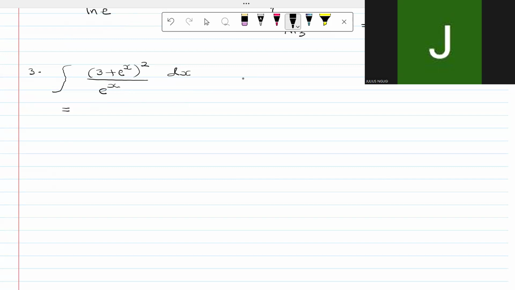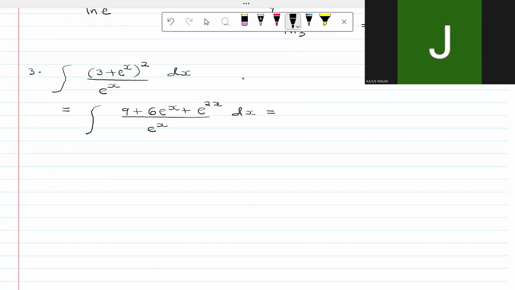And if you check on this well, you can expand the numerator part. You get 3 squared, that's 9, plus twice 3e^x, that's 6e^x, plus e^x times e^x, that is e^(2x). Then you divide all these by e to the power of x with respect to x.